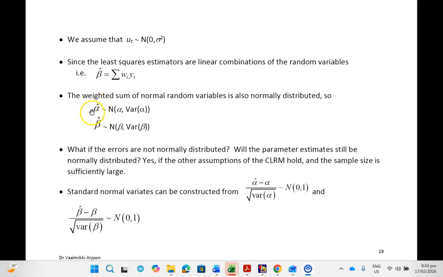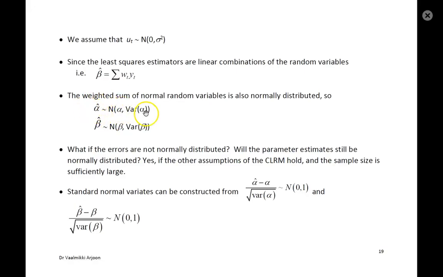So alpha hat will be normally distributed with a mean of alpha and a variance of var(alpha hat). Beta hat will be normally distributed, same thing.